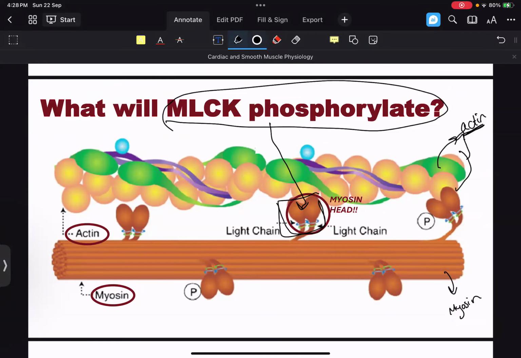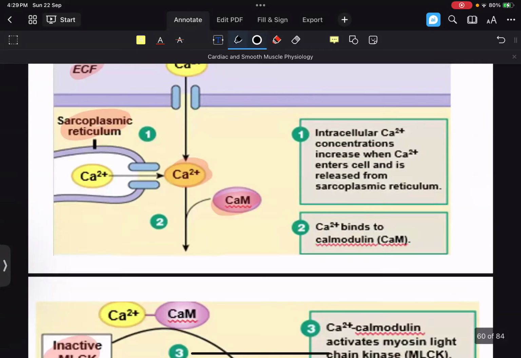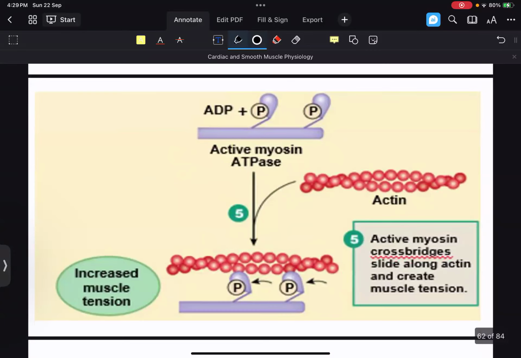And once you phosphorylate them, you're basically activating them, which is very important for you guys to remember. So what will activate the myosin light chain? What will activate the myosin ATPase? The MLCK phosphorylation. I'm going to say that one more time. What activates the myosin head light chain and the ATPase? The MLCK phosphorylation. Okay?